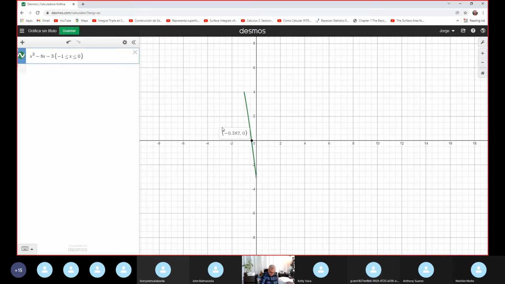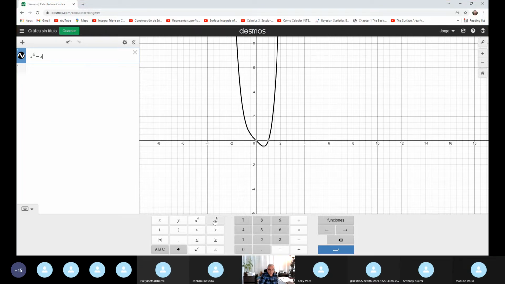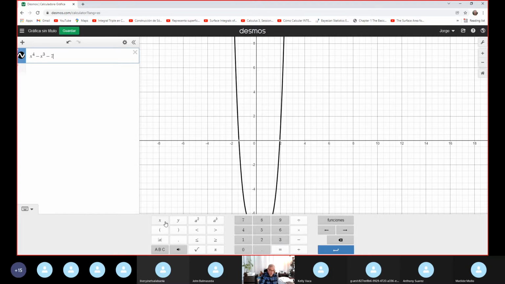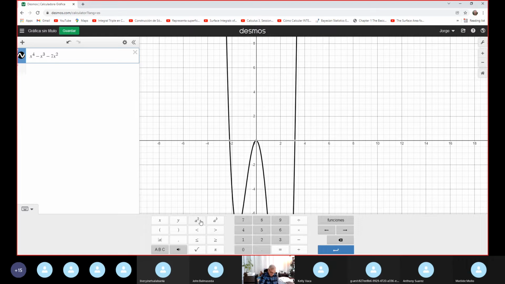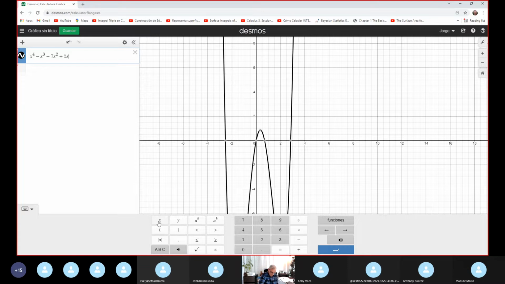Okay, so if it's clear, the rest is easy. Next is 25: x to the 4th power minus x to the 3rd power minus 7x to the 2nd power plus 5x plus 10.